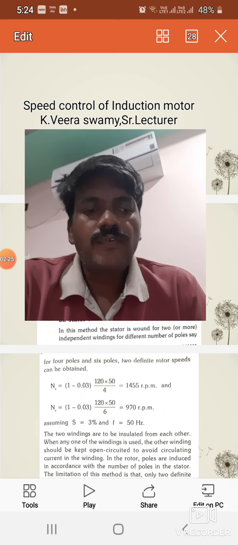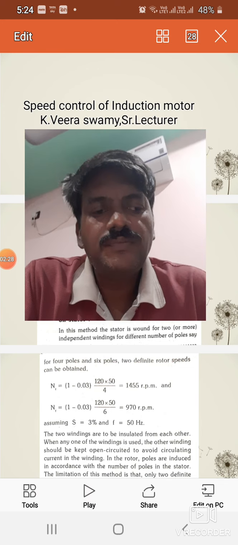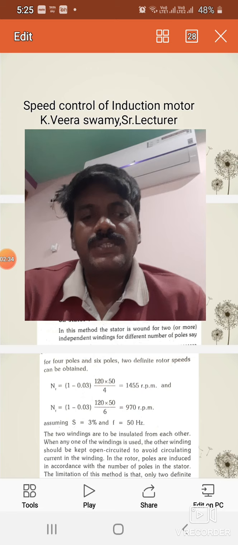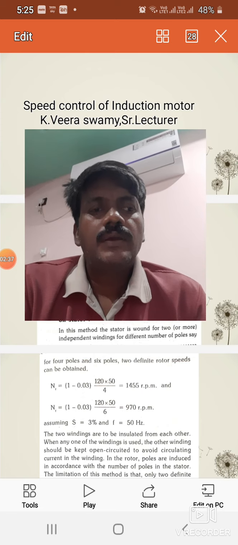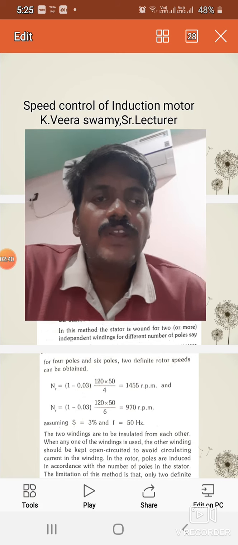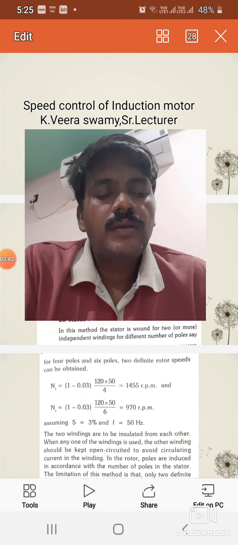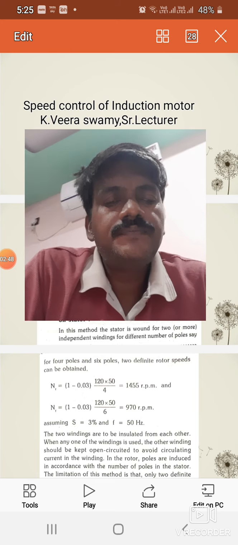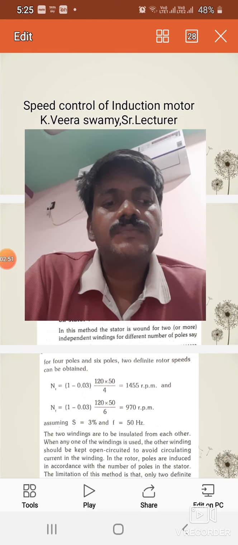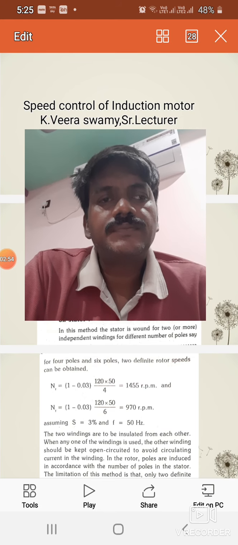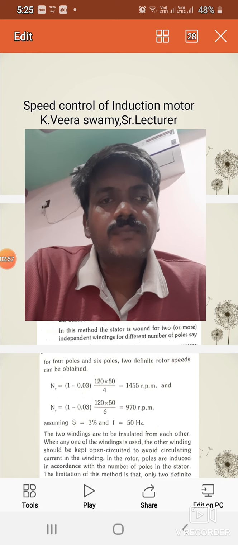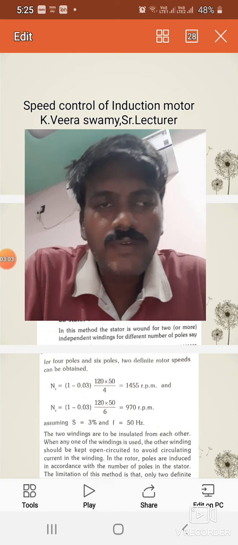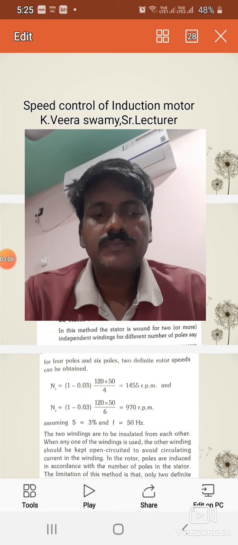The speed variation of a DC shunt motor is possible within a wide range with good efficiency, merely by adjusting a field rheostat. At the same time, in a 3-phase induction motor it is not possible. Why? Because we have to lose efficiency, and again we get very small variation in the speed control, right?